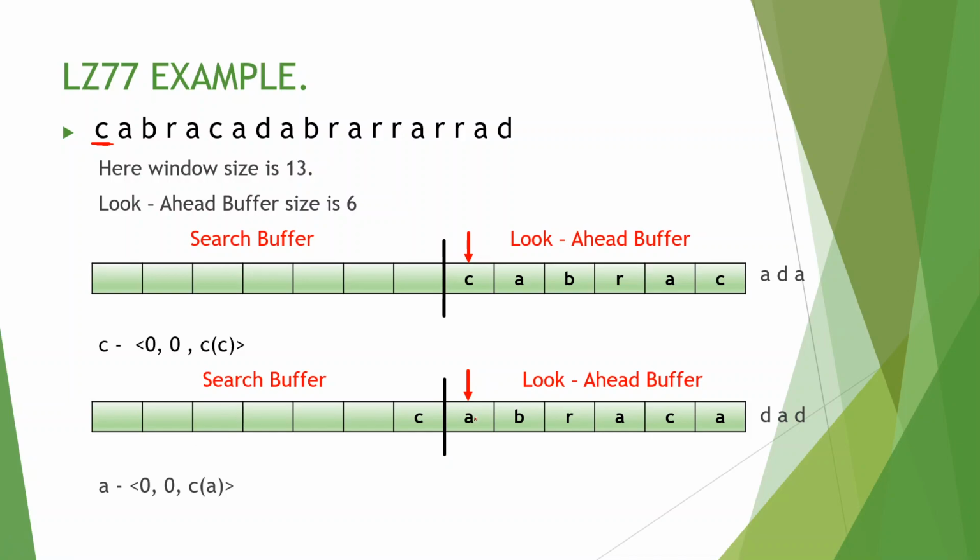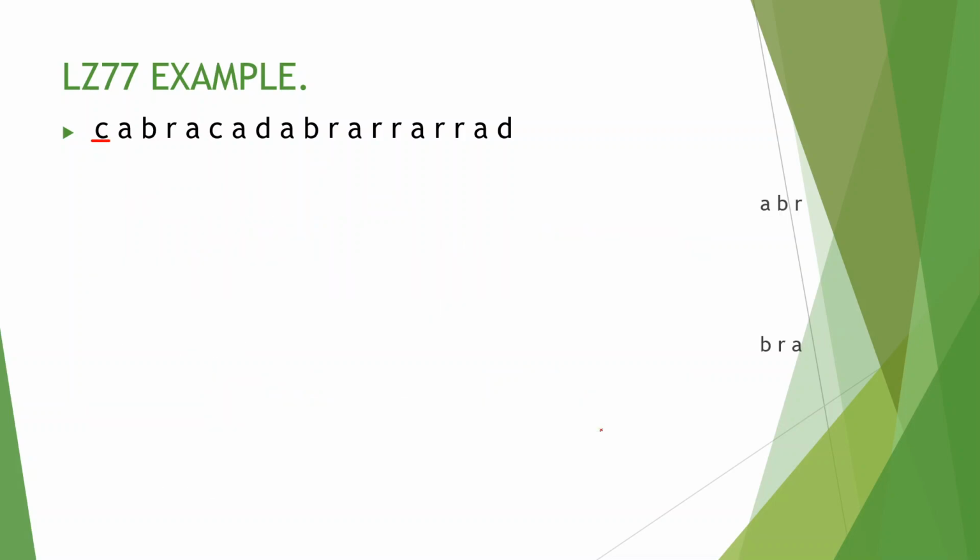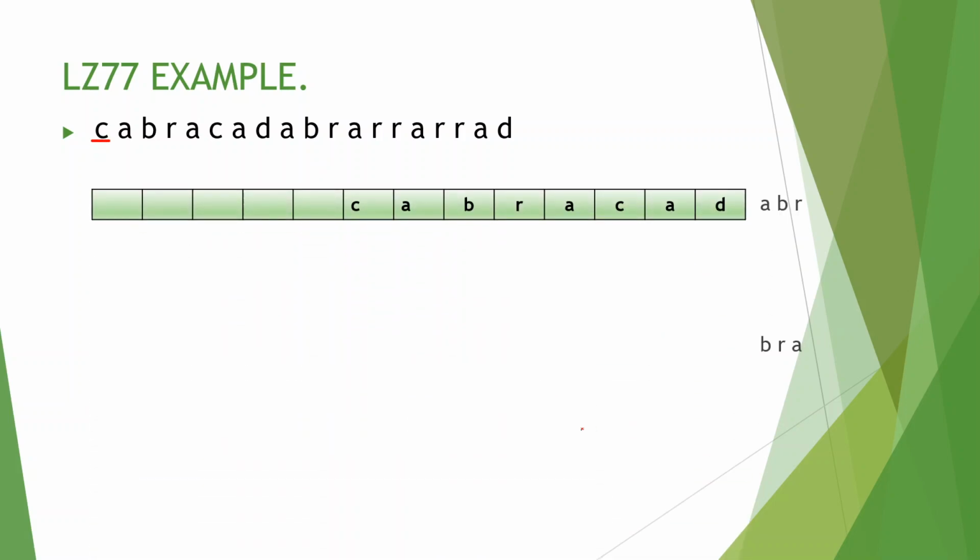Now we move that A into the search buffer and add the new symbol in the look ahead buffer. See here, move that A into the search buffer and add the new symbol at the end of this window.